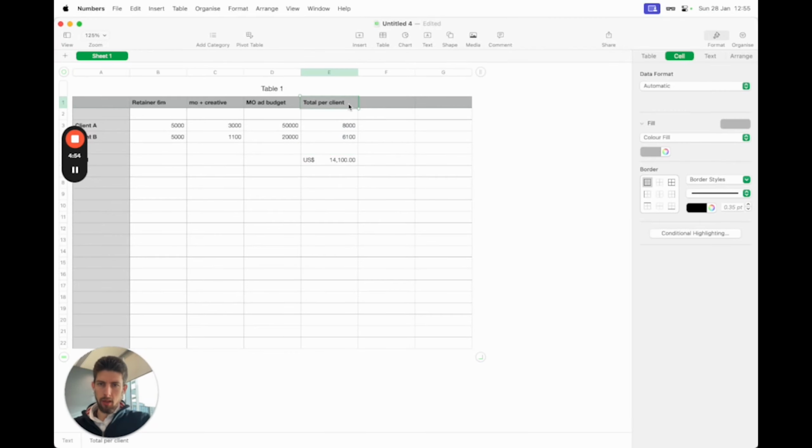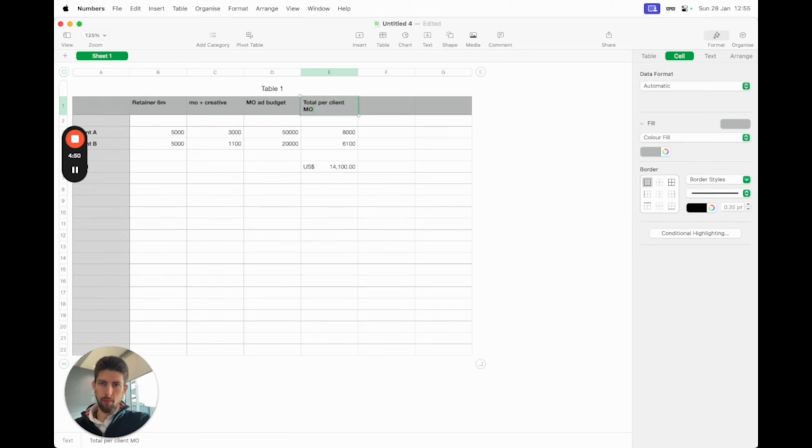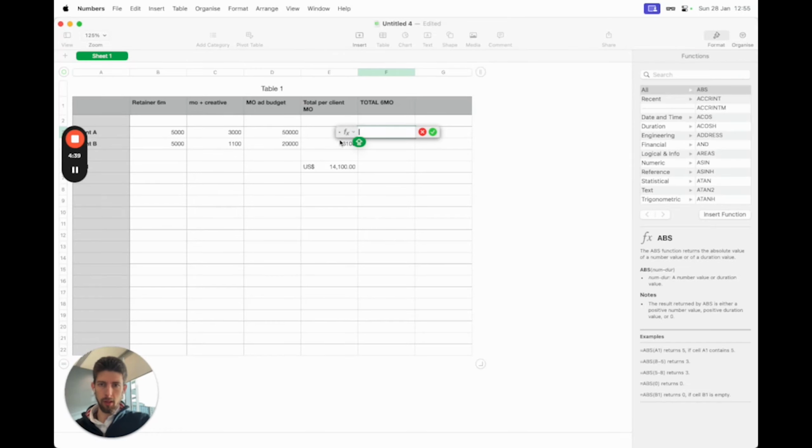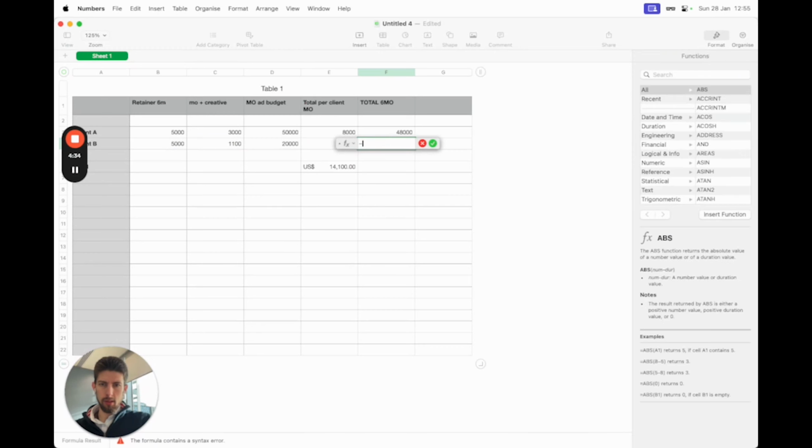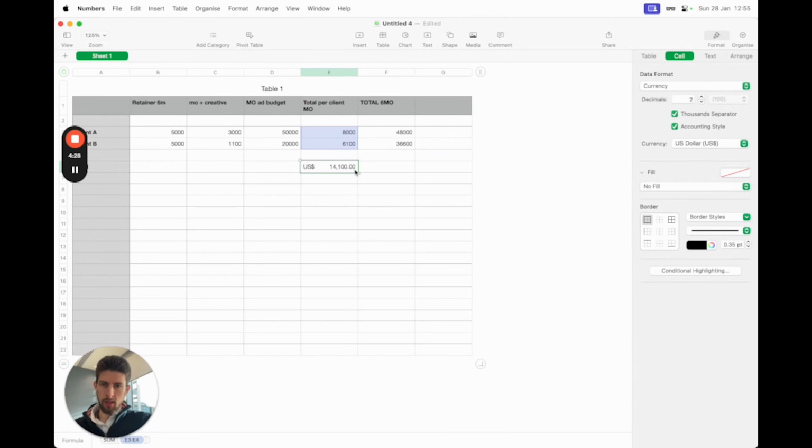14,000 per client per month. And total per total 6 months. And that'll be this times 6 and this times 6, assuming we don't do any more, and then we shall do the same with this way.